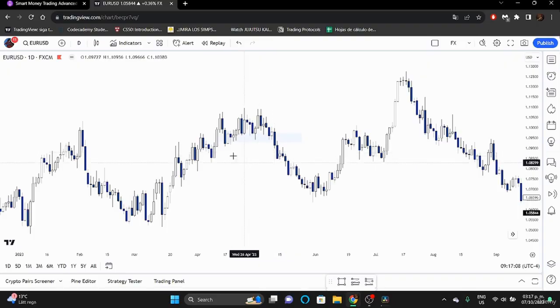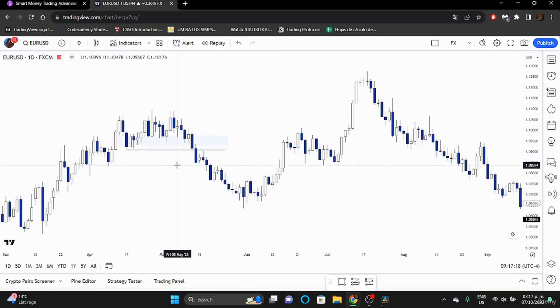Also if you notice, we haven't actually broken this one here, but this one breaks it. But what does it do first? It touches the fair value gap again and goes lower. So it's an inverse fair value gap.